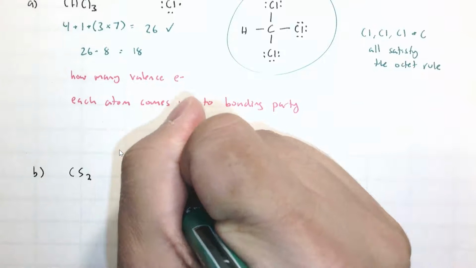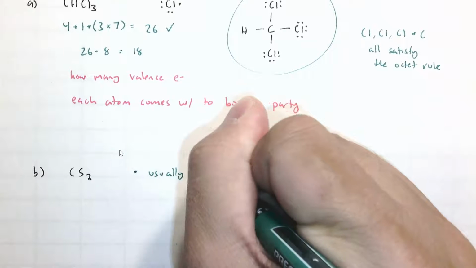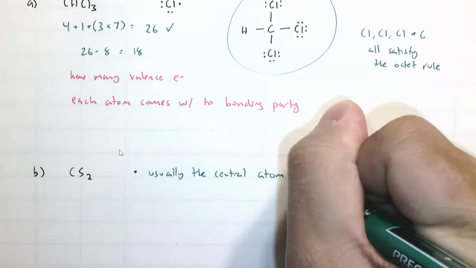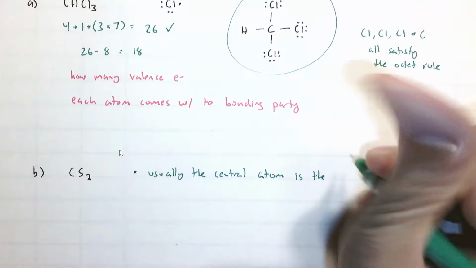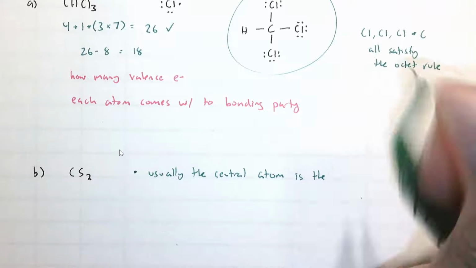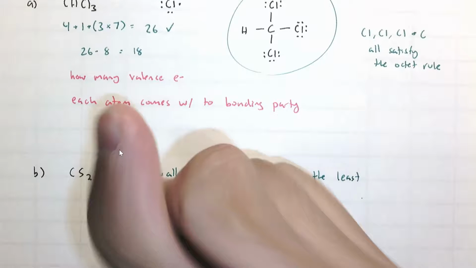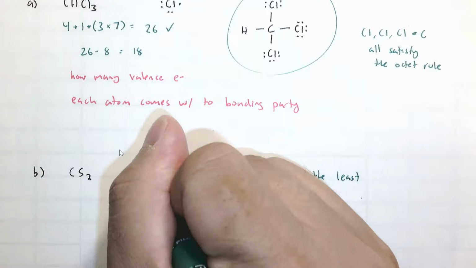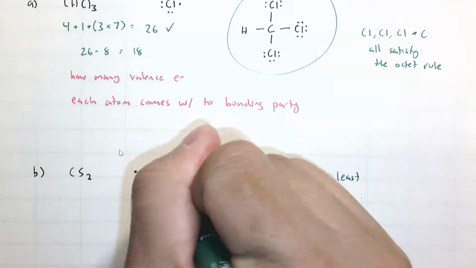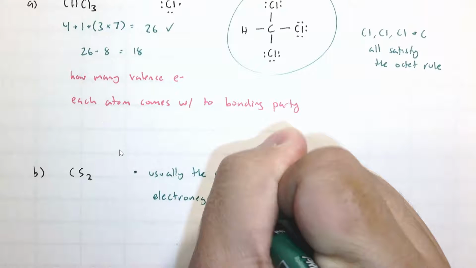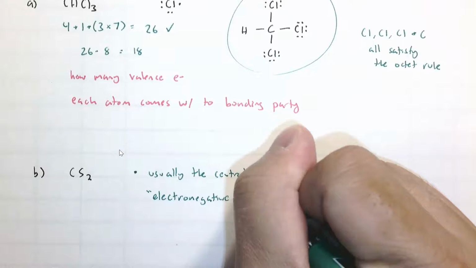Usually, the central atom is the least electronegative atom.